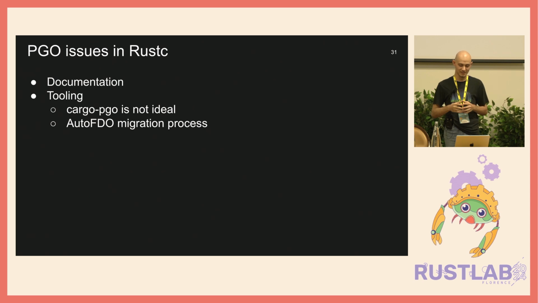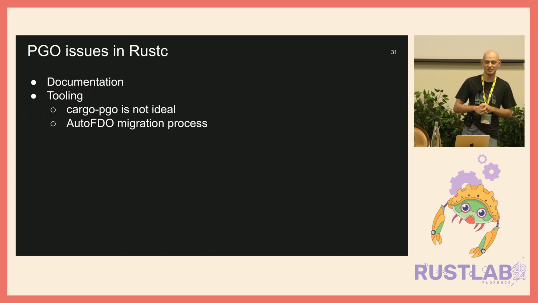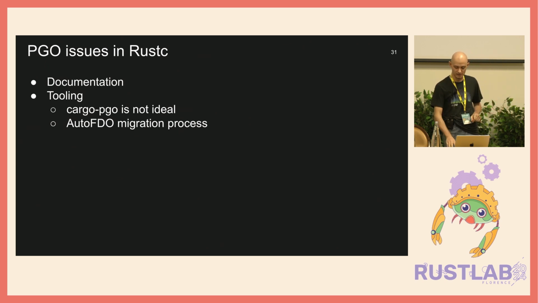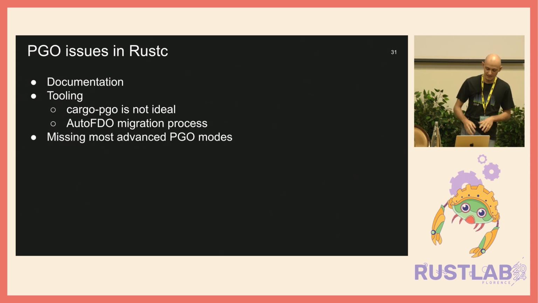And a few weeks ago, a person sent me an email like, hey, look, we tried to drop GCC support, and I'm not sure. As far as I understand, GCC guys will try to pick up the implementation, but you know, licensing questions like GPL versus MIT, I guess, or Apache, something like that. So questions. Missing most advanced PGO modes. Most of the people don't need them, but anyway.